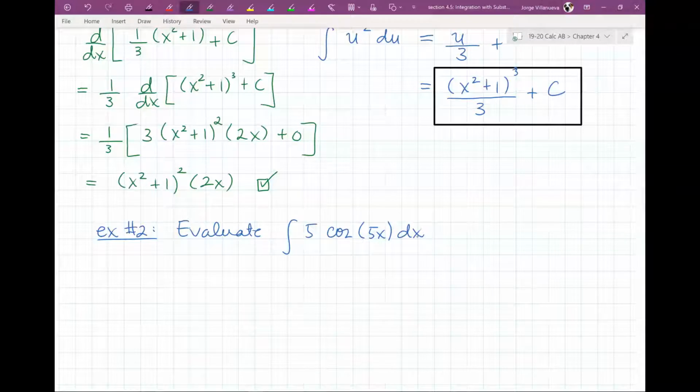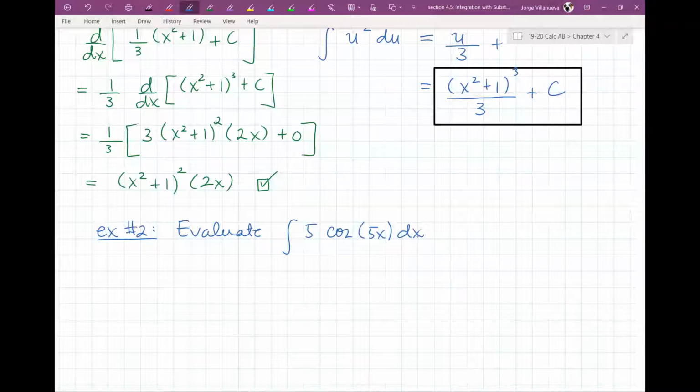One, usually letting u equal the stuff with the power is a good idea. In the other problem I used x squared plus 1, because I knew that when I took a derivative of it, the power would come down. So I tend to let u equal the thing with the higher powers.